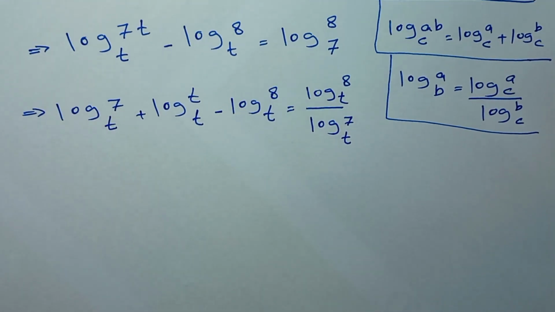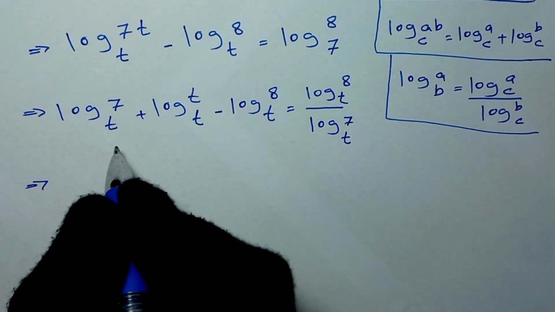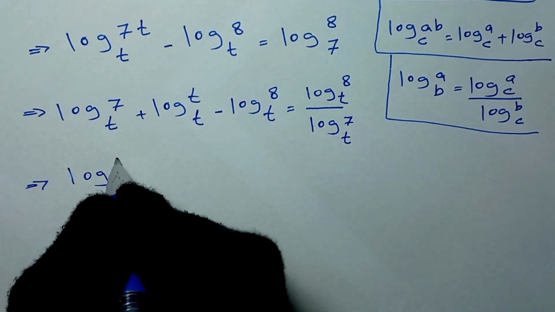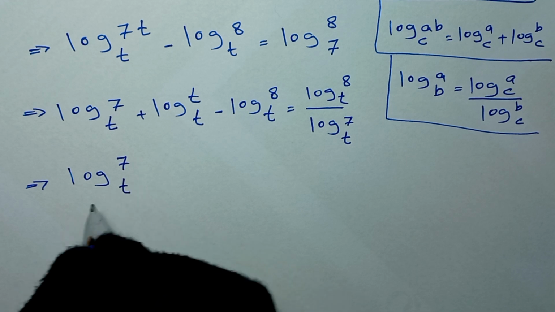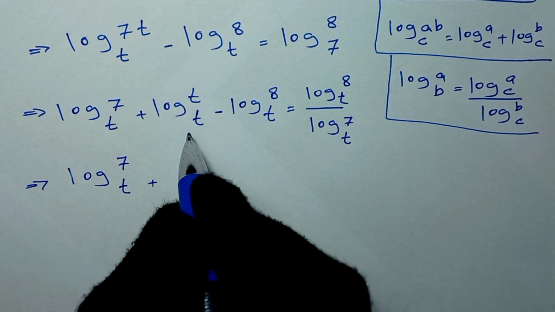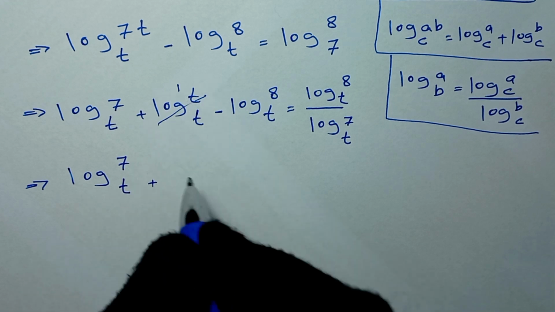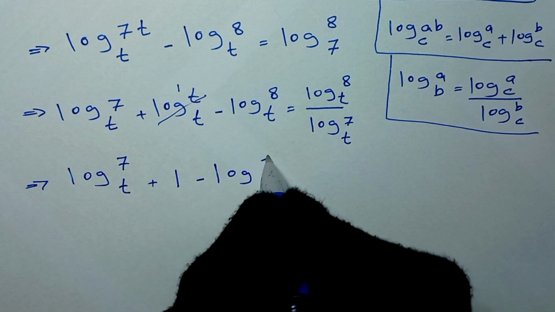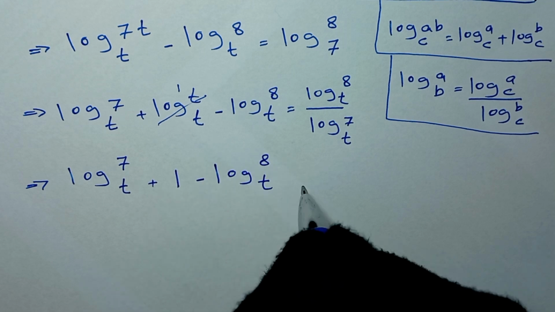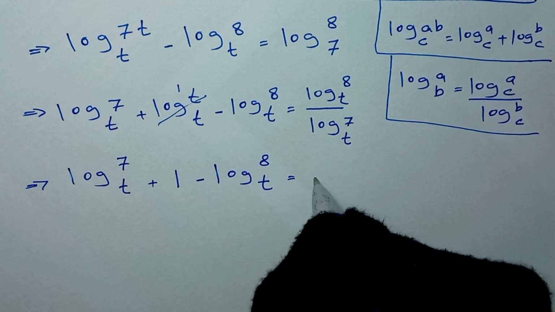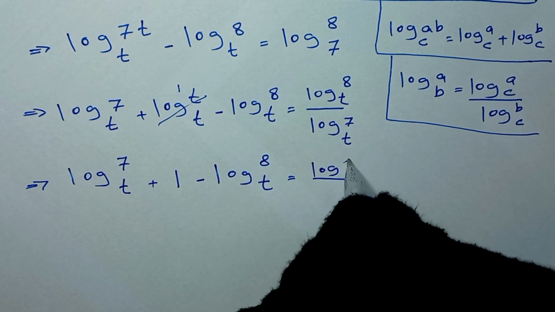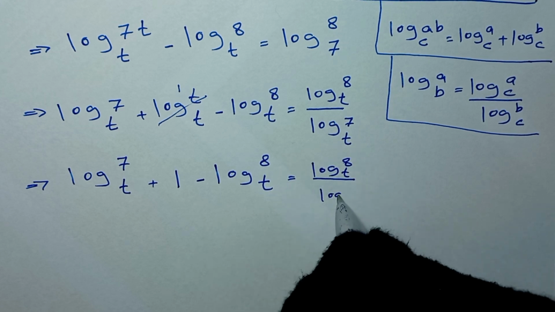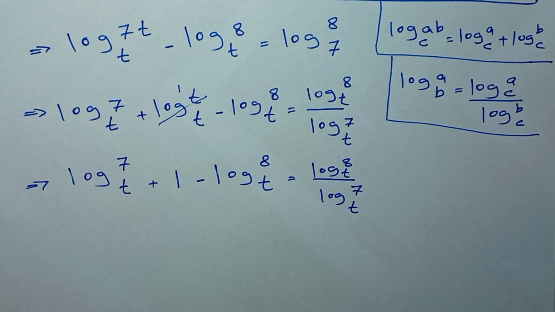And in next step, log of t to base t is 1, so here we write 1, minus log of 8 to base t is equal to log of 8 to base t over log of 7 to base t.